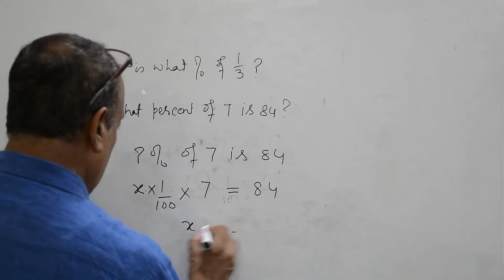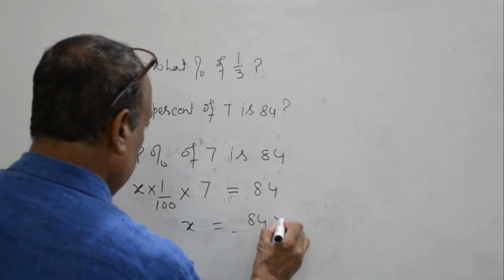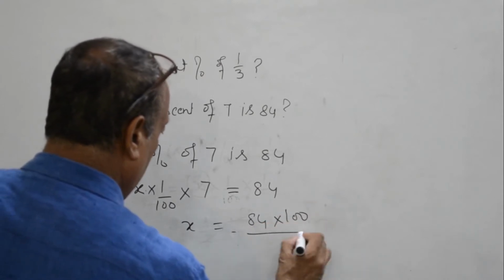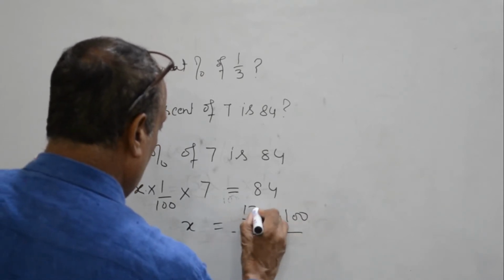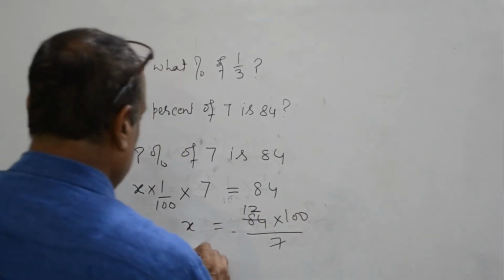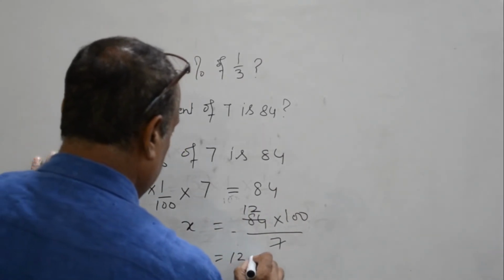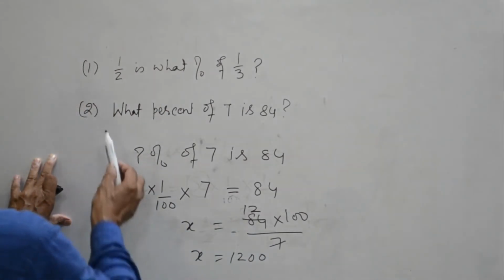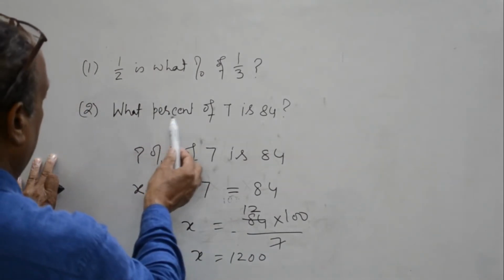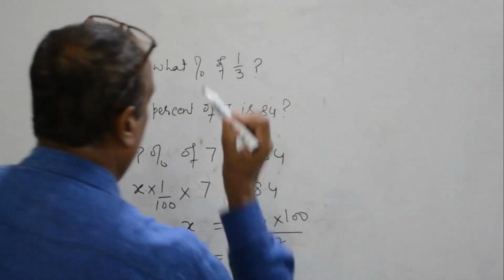So x is equal to 84 into 100 upon 7, it is 12. So x comes out to be 1200. It means 1200% of 7 is 84.